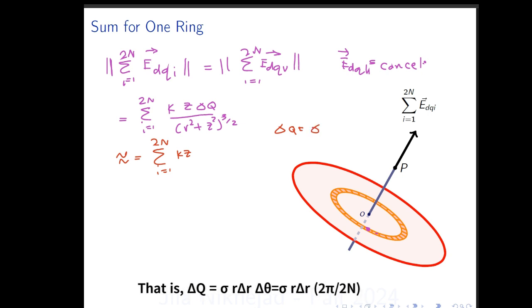Delta area is equal to r delta theta delta r. That is, delta charge is going to be sigma r delta theta delta r. Delta theta depends on 2n and it's equal to 2 pi divided by 2n.